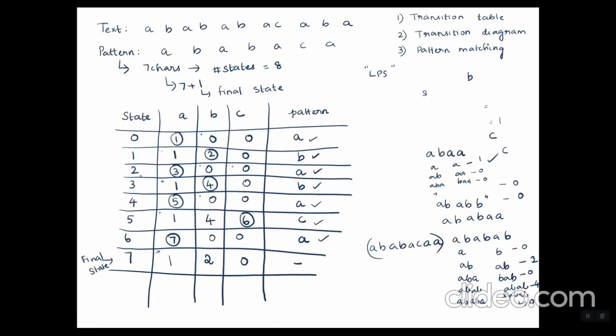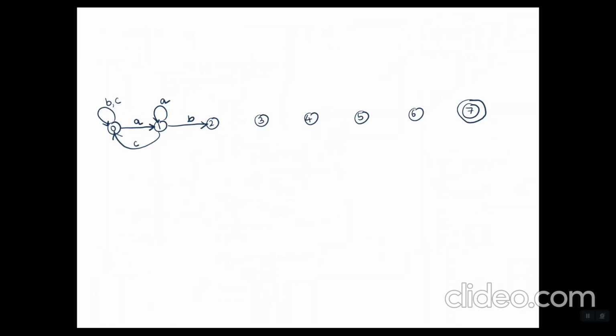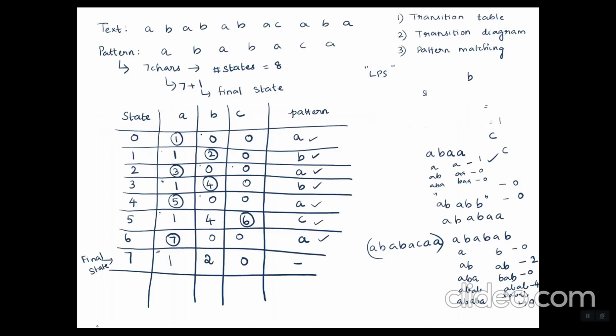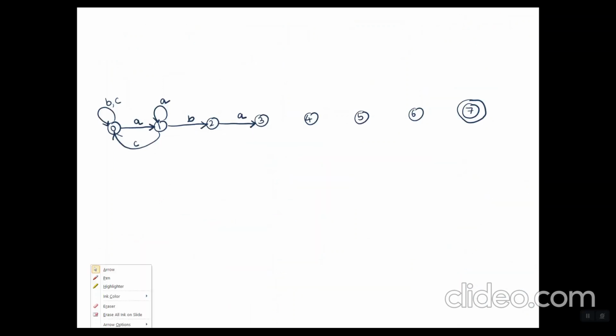State 2 accepts A and goes to state 3. Next, state 2 accepts B and goes to 0, and state 2 accepts C and goes to 0.